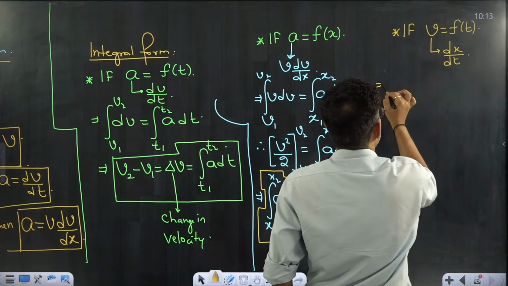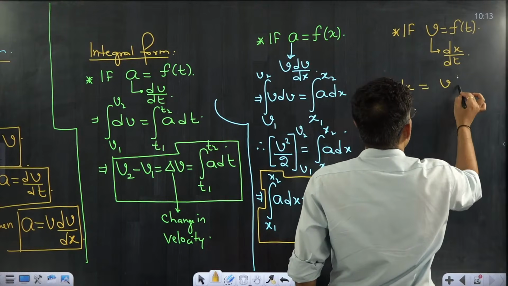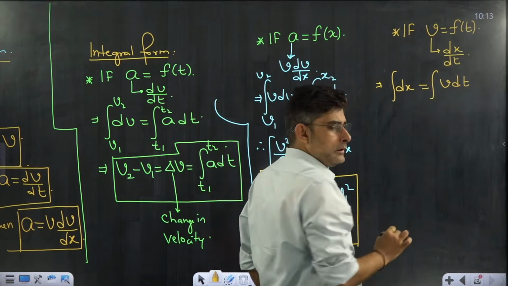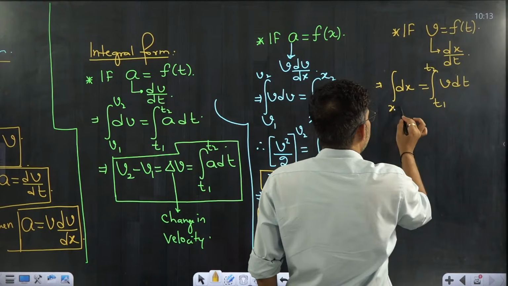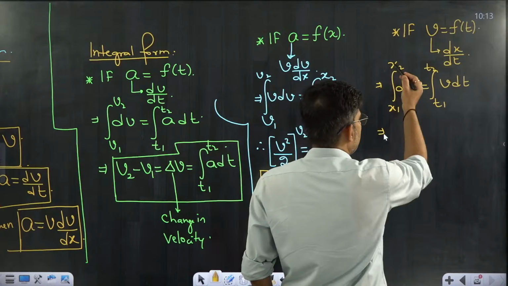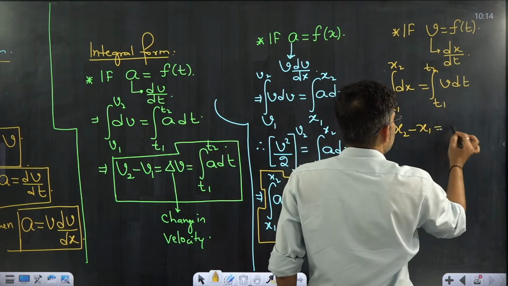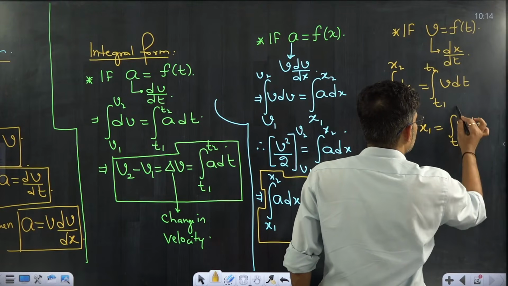So here I will take dx on one side and v dt on the other side and I will integrate. For t1 to t2, here I will write x1 to x2. But I know the integral of dx will become x, so I will put first x2, then x1, which equals the integration of velocity from t1 to t2.